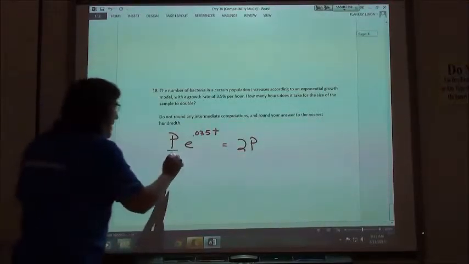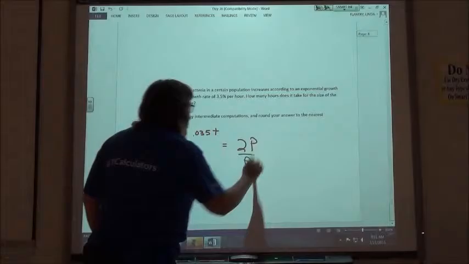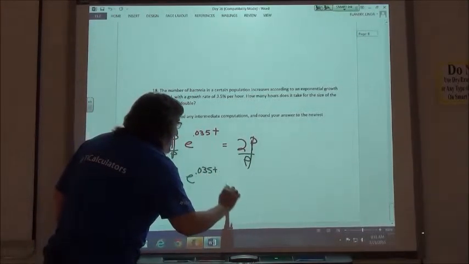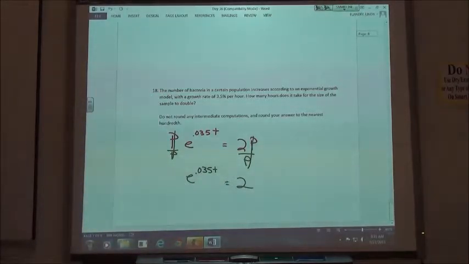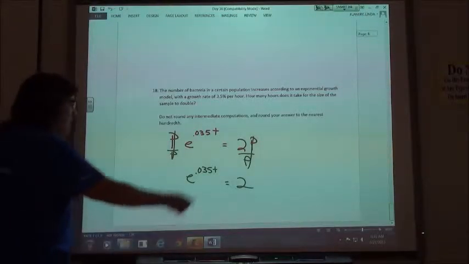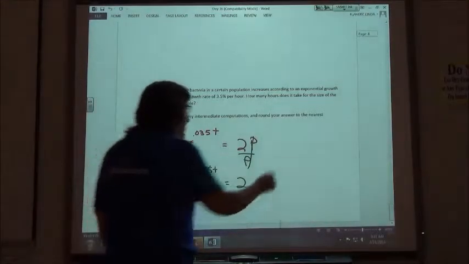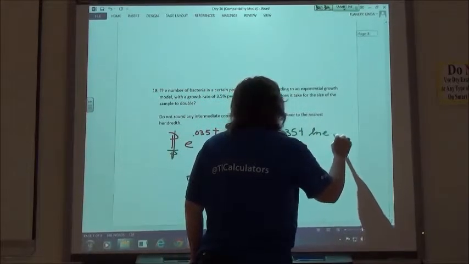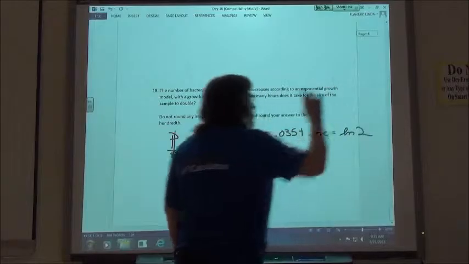Dividing by our P. E to the 0.035t equals 2. We are then going to take the natural log so we can move our exponent out in front. So 0.035t times the natural log of e equals the natural log of 2.